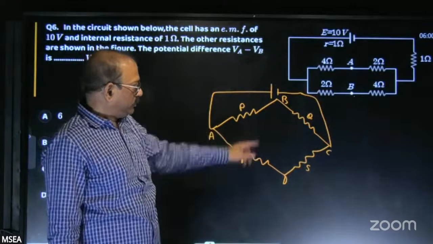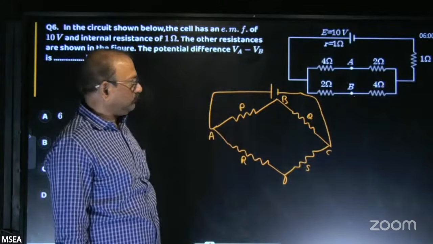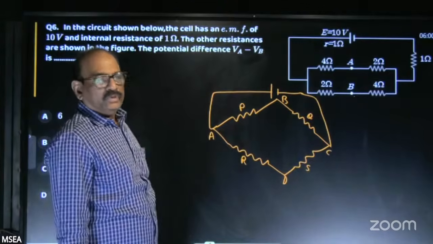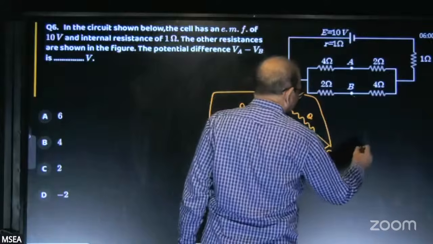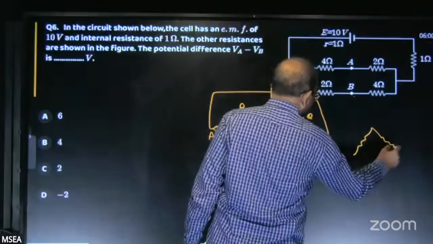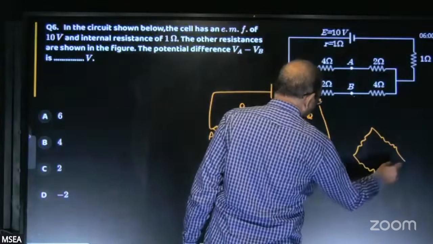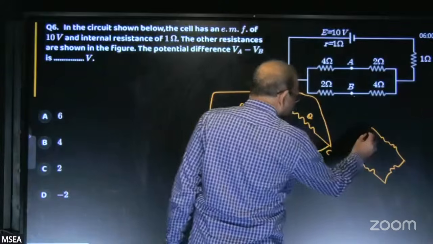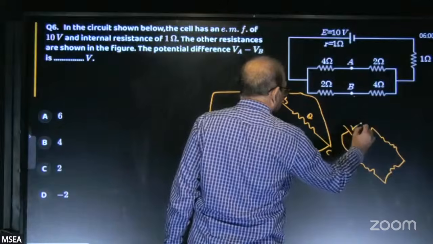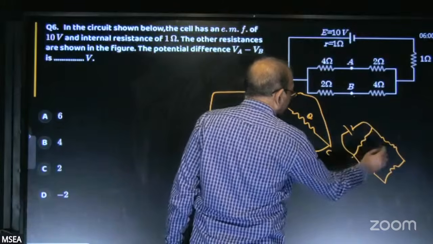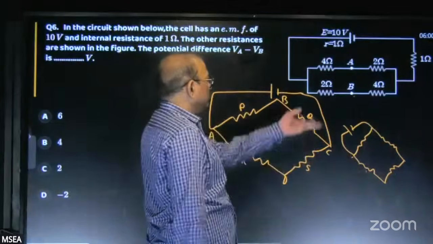This is a Wheatstone bridge. Sometimes they'll deceive you. In this Wheatstone bridge, they'll give 4 resistors like this, and between 2 adjacent junctions, they'll show the battery like this. P by Q equal to R by S is satisfied with this Wheatstone bridge.